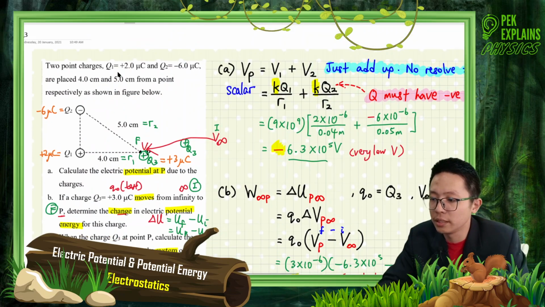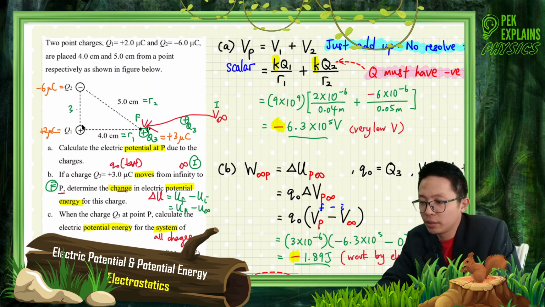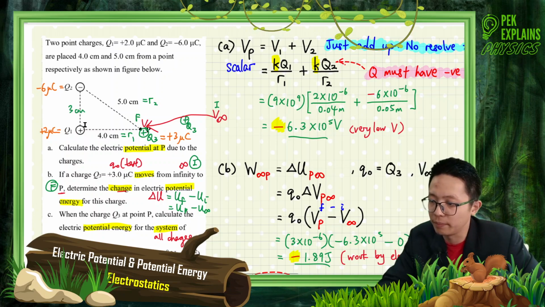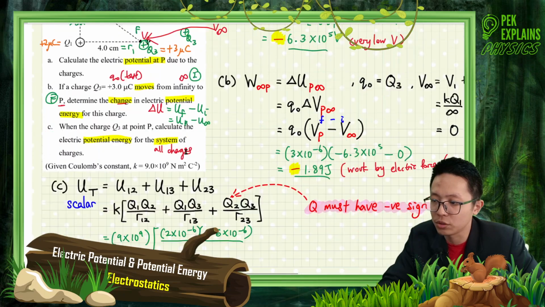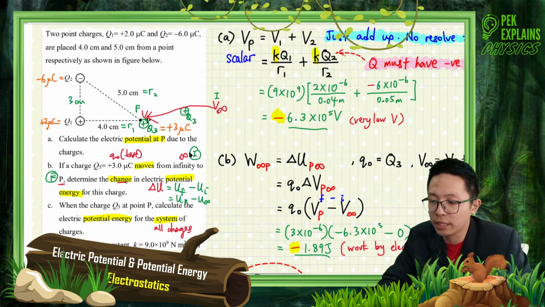The distance between 1 and 2 is 3 cm, because it's a right angle triangle, so 0.03 meter.